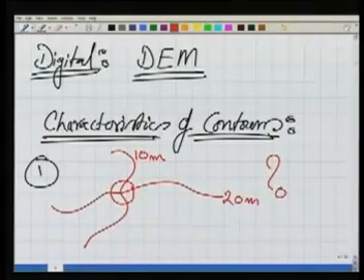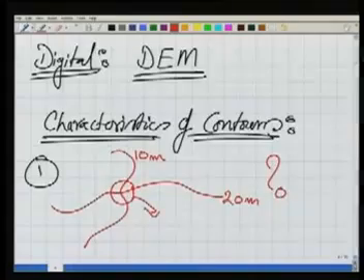No, because they are in the ground, one point can't have two RLs or two heights. So this kind of intersection is never possible. So whenever we are making the contours, whenever we are plotting them, we have to ensure that this should be avoided.